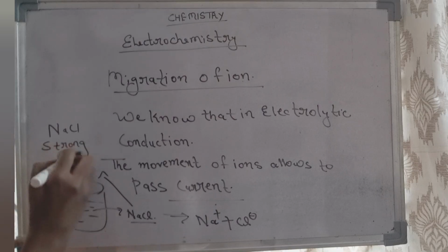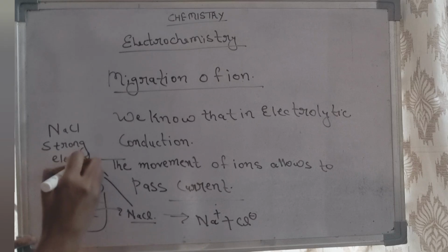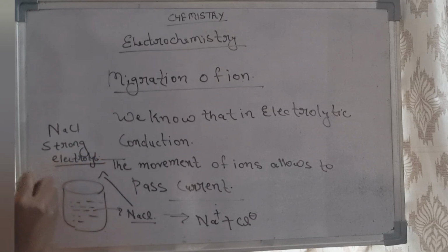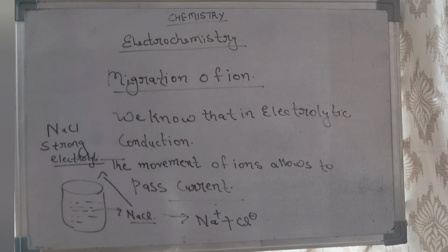The strong electrolyte is very important to understand the migration of ions, because the migration of ions totally depends on what kind of electrolyte you have poured in the particular container. If the electrolyte is weak, its property is different from that of a strong electrolyte. In the case of a strong electrolyte, the conductance will be more as compared to weak electrolytes.